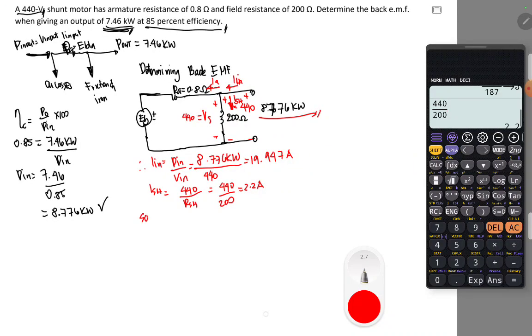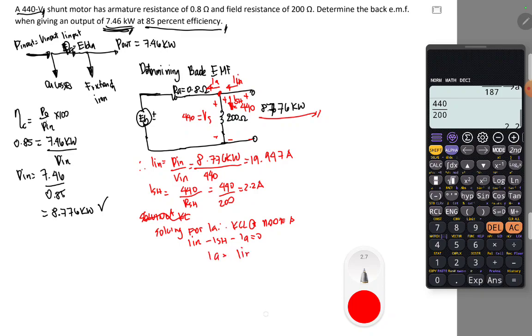So solving for IA, of course you would take KCL at node A. So we have KCL at node A, in which we have I in minus ISH minus IA is equal to 0.